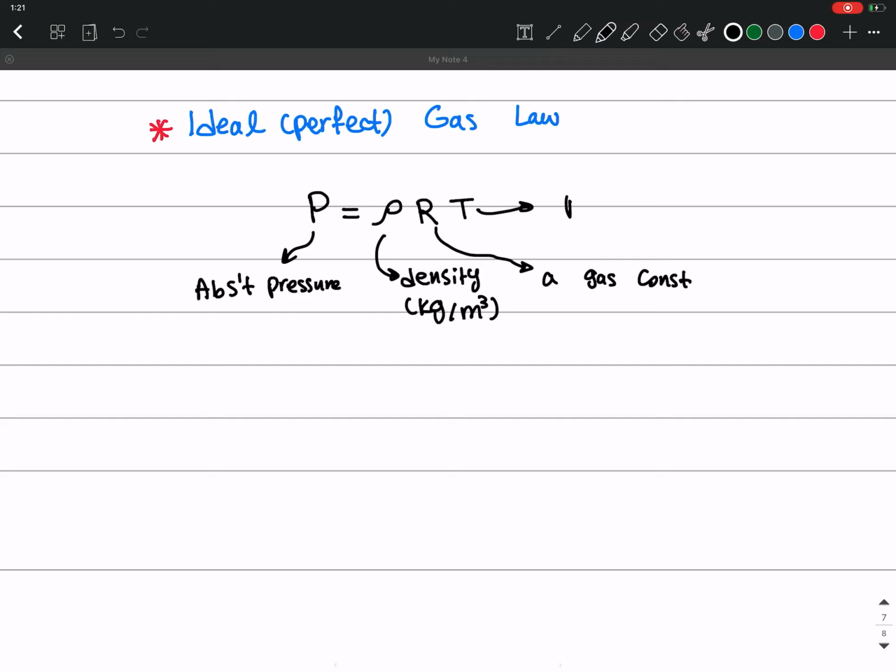T is absolute temperature. Just note that this is absolute temperature, and the unit of that is Kelvin. So it's not Celsius or Fahrenheit. It is Kelvin. So this is how this formula works.